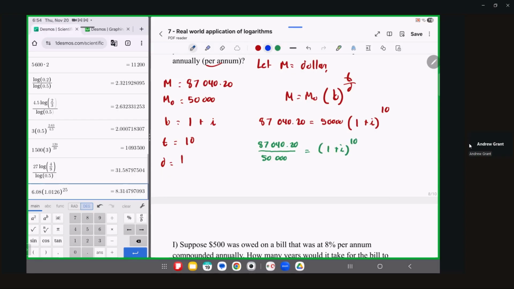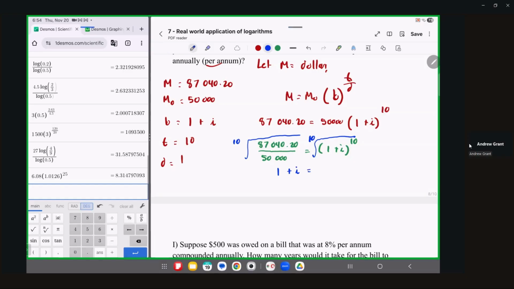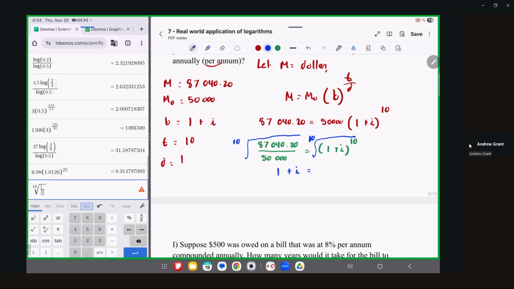We now need to take the 10th root of both sides. This is something you might have done before, but it seems like a good review. So at this point, we probably want to type this in. We're going to have 1 plus I is equal to the 10th root of 87,040.20 divided by 50,000, and we end up getting 1.057.